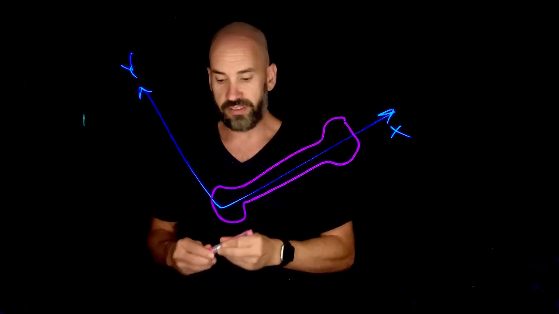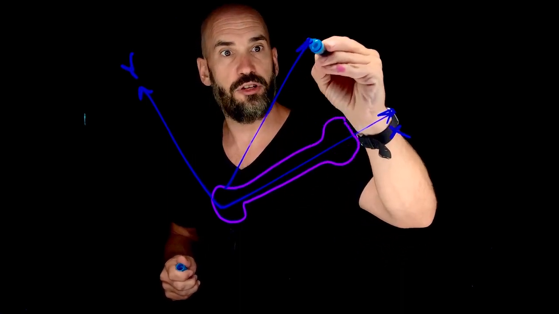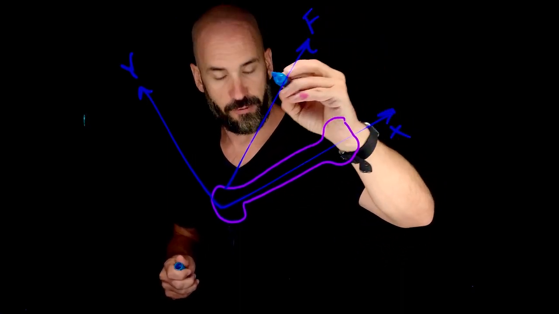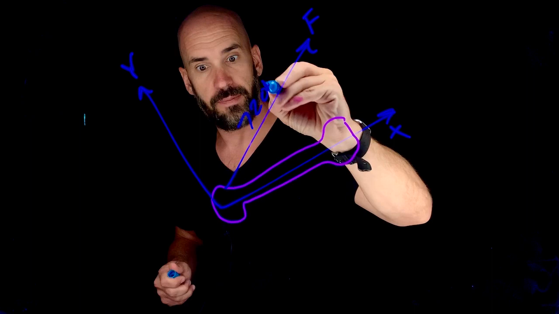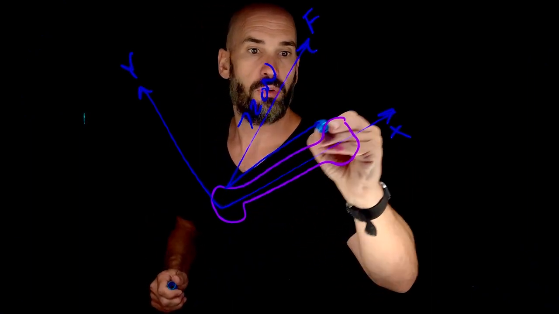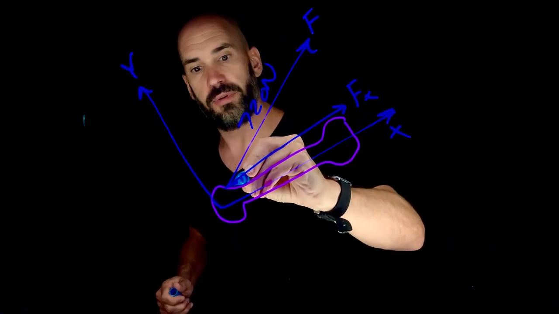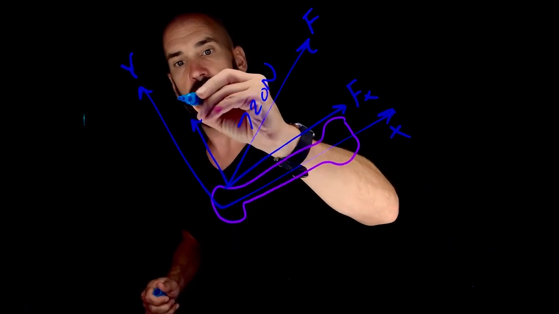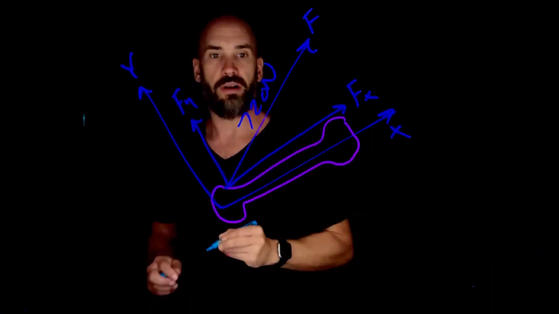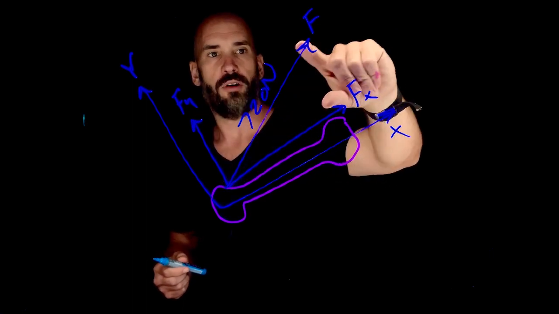But the important thing to know is that there is a force acting on that humerus, F, and that force is 720 newtons. Obviously, there's going to be an x component of that force pointing here in the x direction. That's Fx. There's going to be a y component of that force pointing up here in the y direction. Now, it doesn't matter if you put that here or here. It's the same thing.